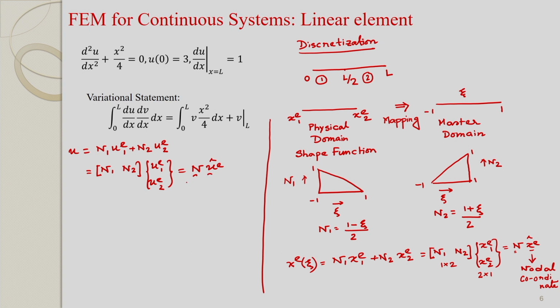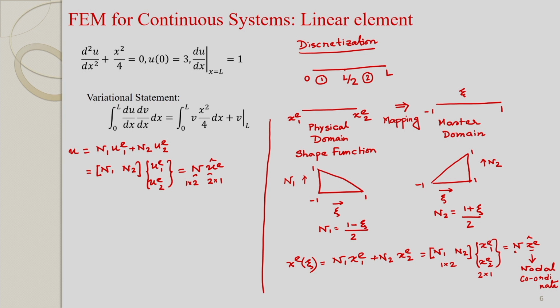One is a row vector, another one is a column vector. Here these nodal values of u are unknown. We are just expressing the variation within the element with this shape function and nodal values.